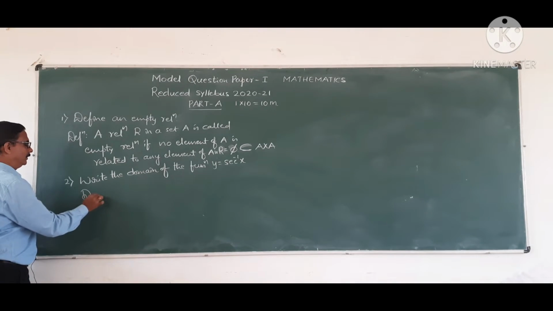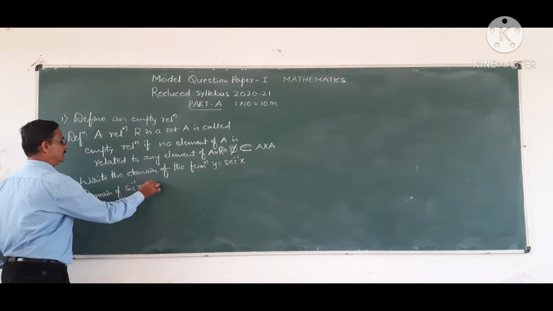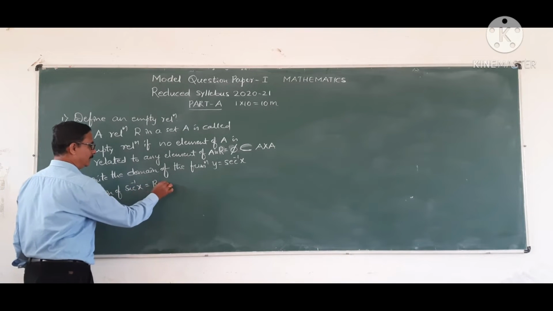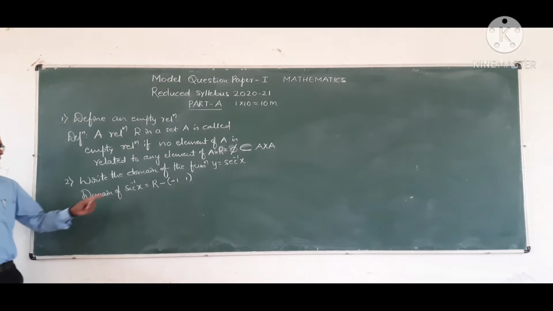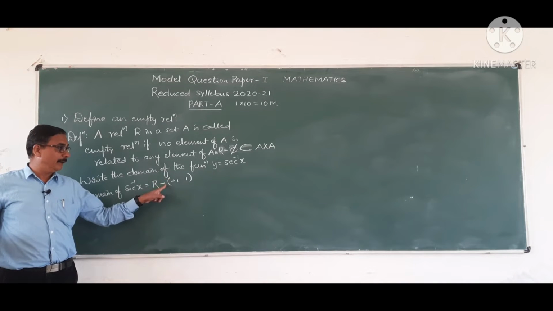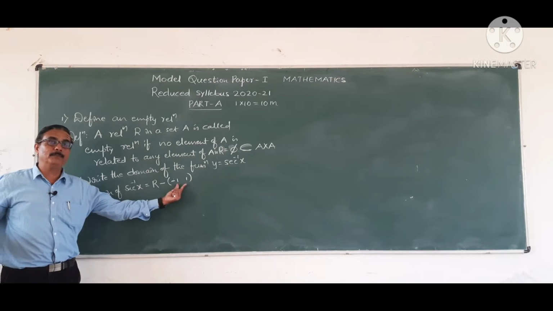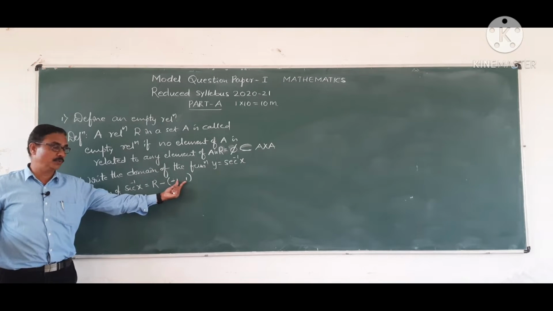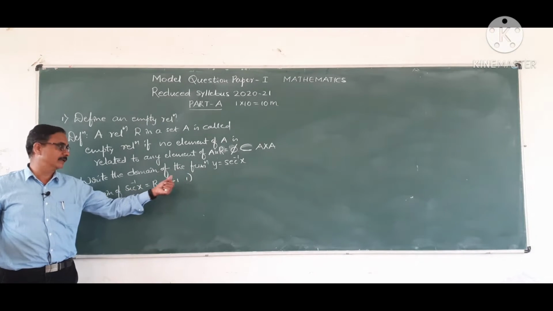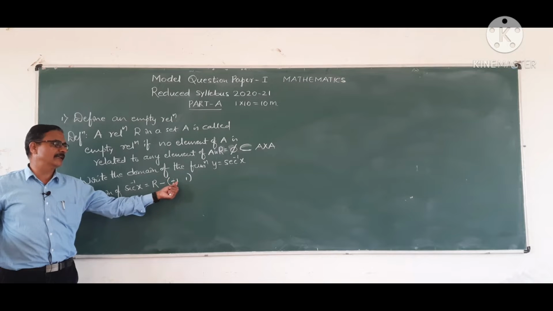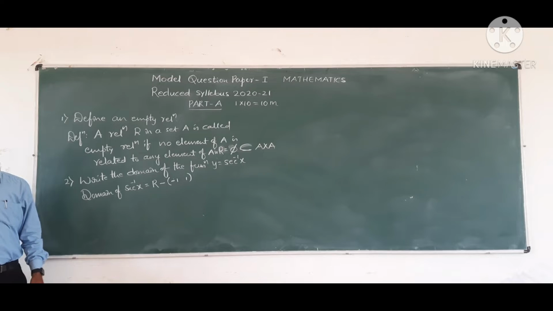Remember, the domain of sec inverse of x is the set of all real numbers except -1 and +1. That is, the numbers strictly between -1 and 1 are excluded. So the set of all real numbers except -1 and +1. This is the domain of sec inverse of x.